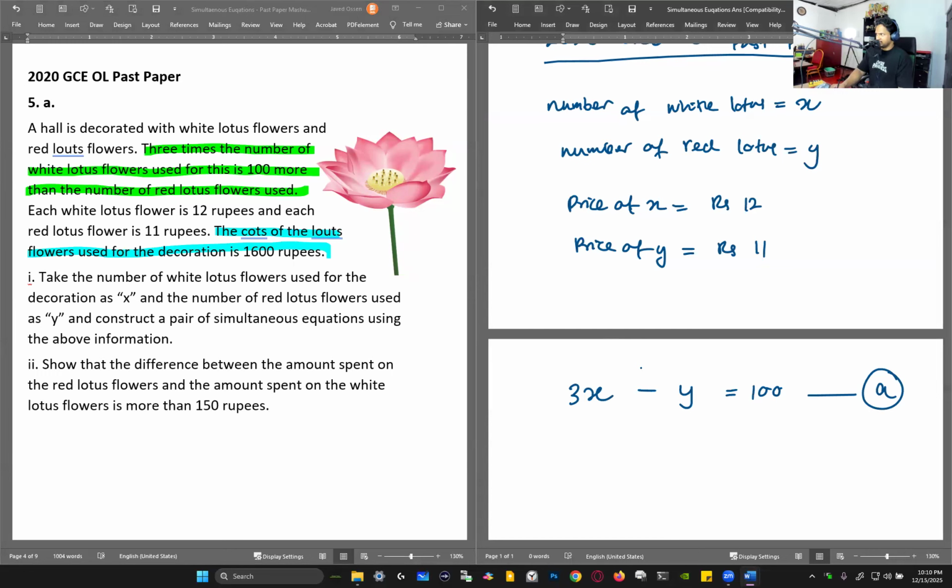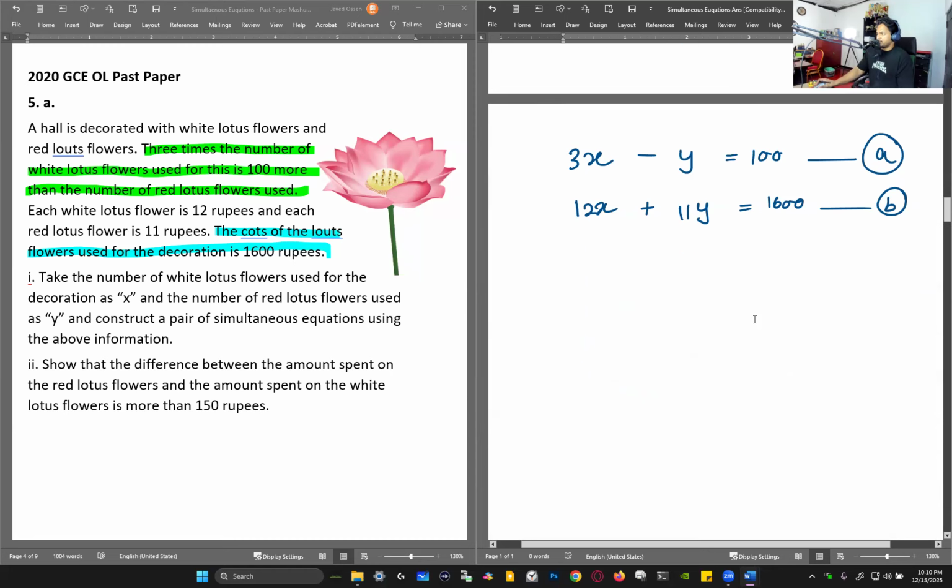So what does this mean? X multiplied by what, Miss Fatima? And y multiplied by what is equal to 1600? Can you think carefully and tell me, please? Multiplied by 12. X multiplied by 12, well done. And y multiplied by 11. So easy.